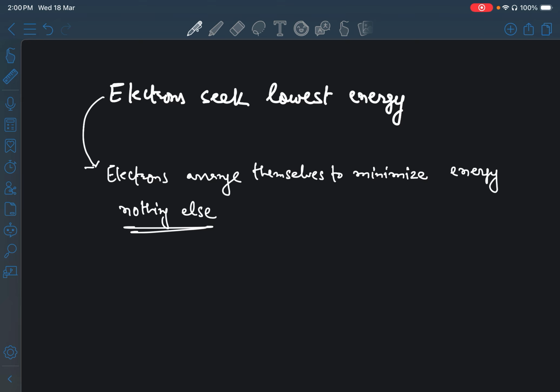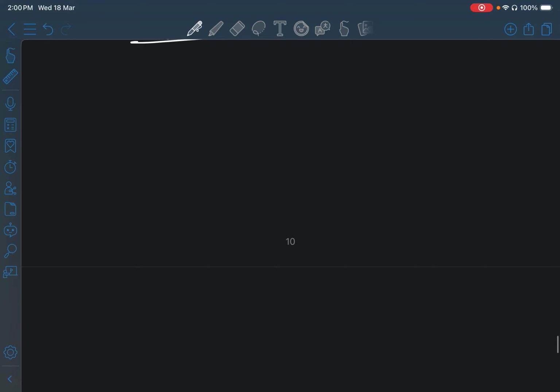So let's understand now how the three rules govern the placement of electrons in the orbitals. The first rule that we are going to talk about today is the Aufbau rule.